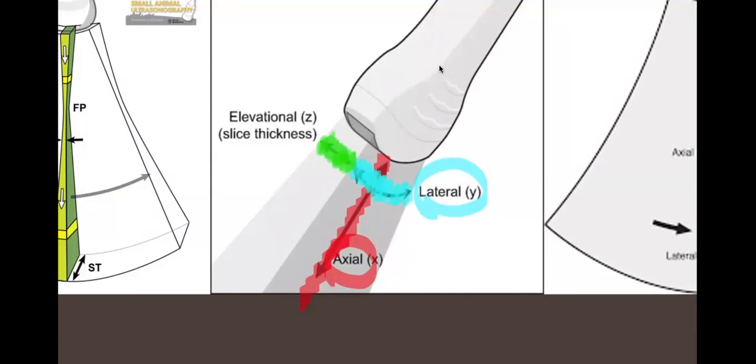And then the green is also measuring the width. However, it's called the width perpendicular to the scan plane, not the width in the scan plane. And that is important to know. The blue is the width in the scan plane. The green is the width perpendicular to the scan plane.